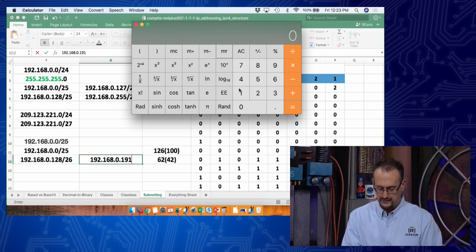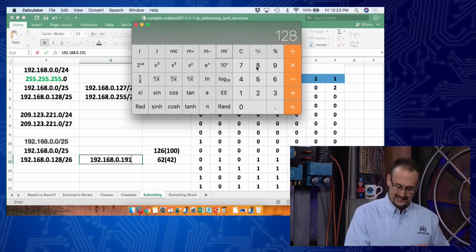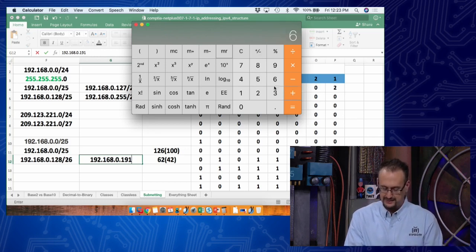So basically, to figure out the broadcast address, I'm taking that 128, which counts as a possibility, so I have to take one off and do a plus 63, and that gives me 191.